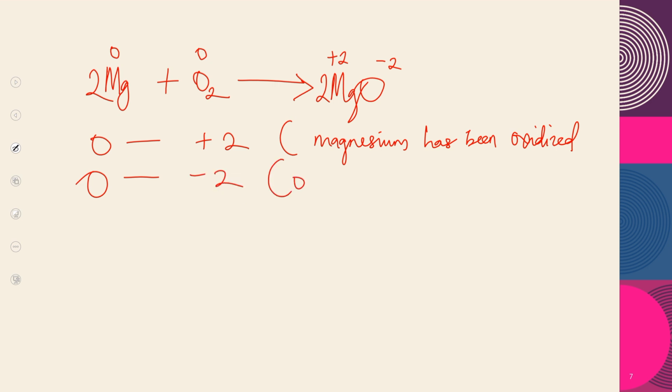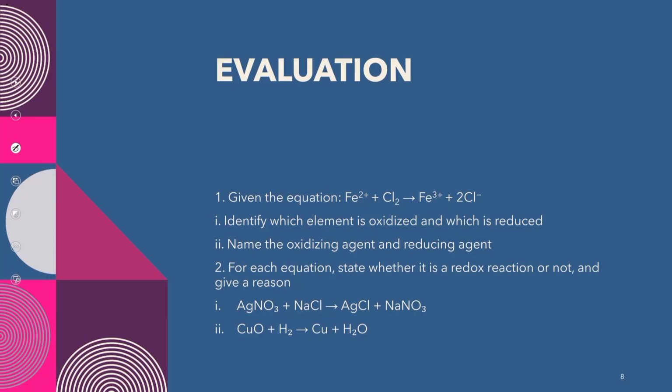So oxygen has been reduced. So this tells us one thing, that this reaction is actually what? Redox. So to know if a reaction is redox or not, quickly calculate the oxidation number of the species involved in the chemical reaction.